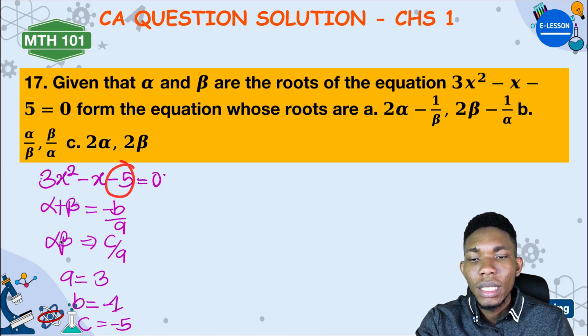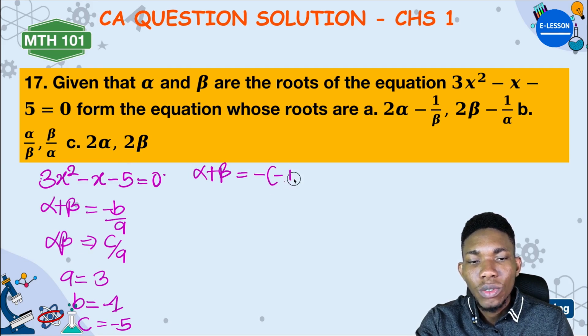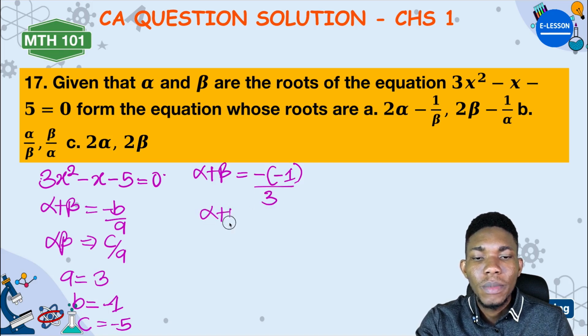So in this equation, alpha plus beta will be minus b over a, which is minus bracket b is minus 1, all over a is 3. So alpha plus beta, my dear student, will be equal to minus times minus is plus, 1 over 3. So alpha plus beta is 1 over 3.